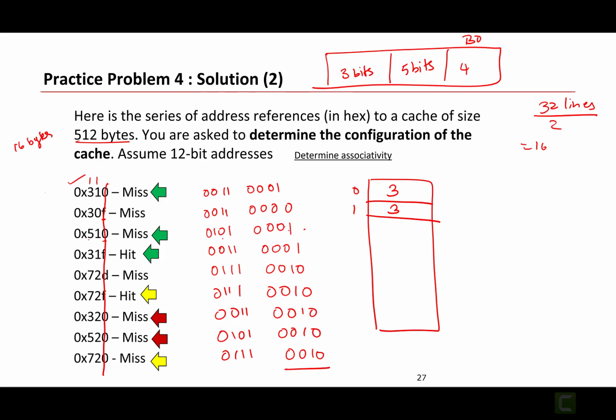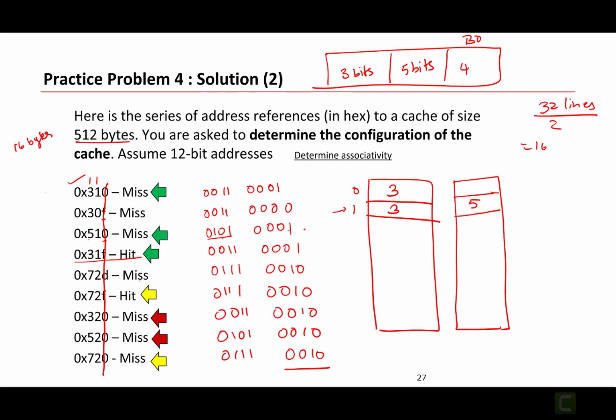The set index 1 would map to the same set, however it's a two-way set associative cache, so I have 2 cache blocks per set, which means I have another cache line that maps to set 1, so I can store this tag 5 in the second way. And then if I simulate my next address, it will map to the same index, and I will notice that it is actually a cache hit.